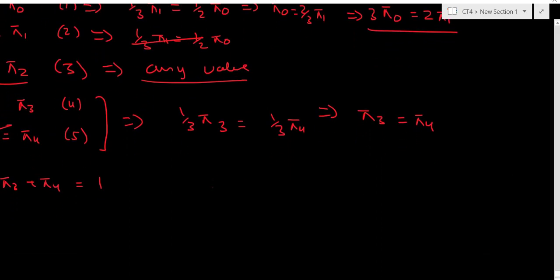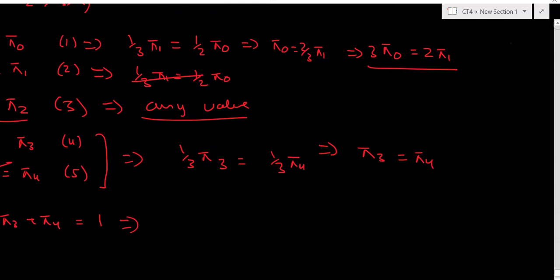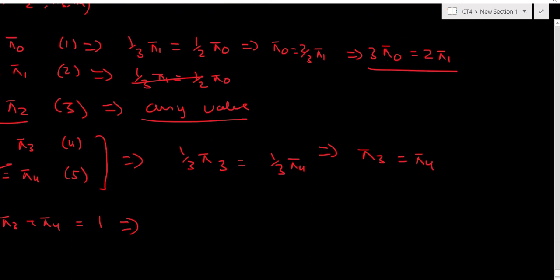So if I have to express them in terms of a working variable, I'll have to write that if these two are in the ratio of 3:2, I can write them as 3a and 2a. So if pi 0 is equal to 2a, pi 1 would be equal to 3a, right?